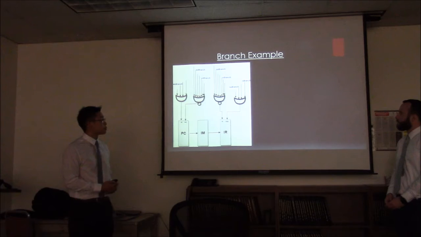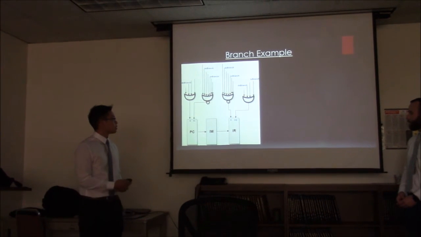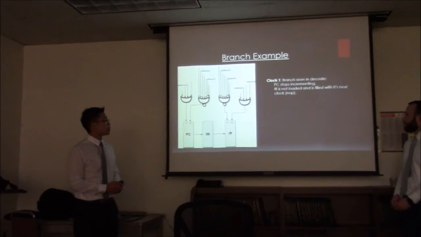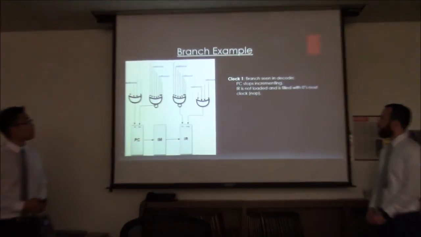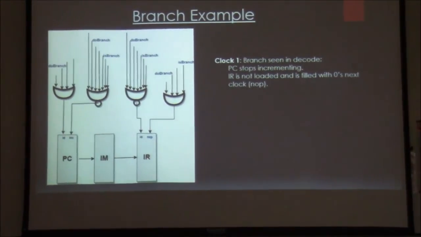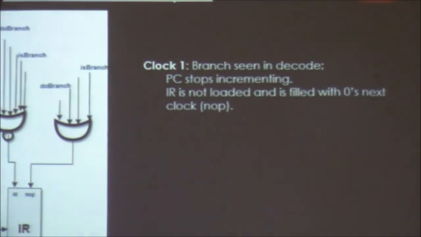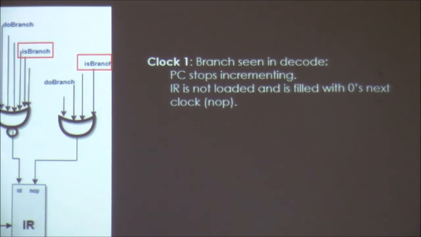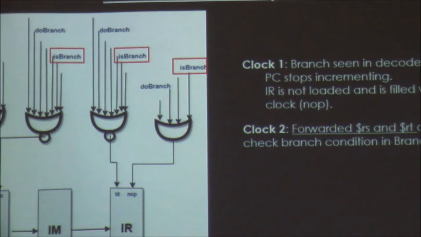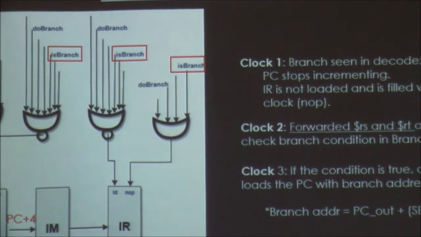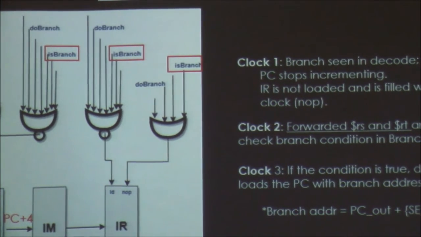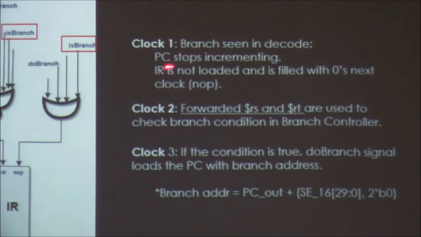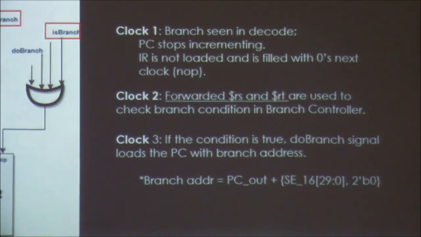And here's just an example to illustrate how a branch would take place. In clock 1, it sees that we do have a branch, the PC stops incrementing, and the IR isn't loaded. Hypothetically, if our flags did go high, it'll show these steps right here.